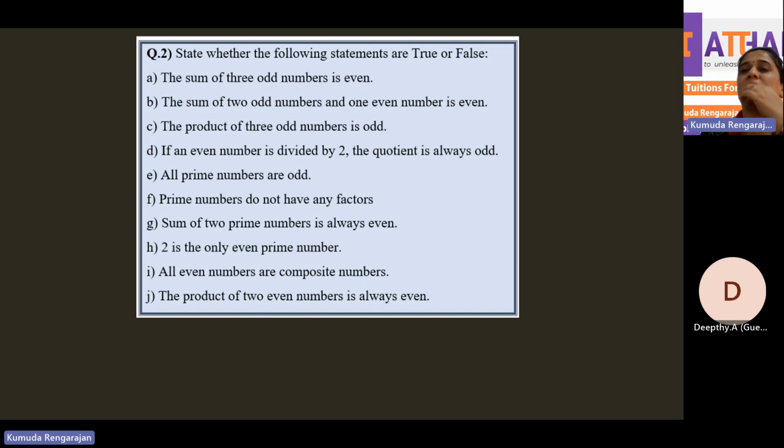So Tanya, what are even numbers? Numbers that are divisible by 2 are called even numbers. Satakshi, odd numbers? Numbers that are not divisible by 2 are called odd numbers. Deepthi, what are prime numbers?